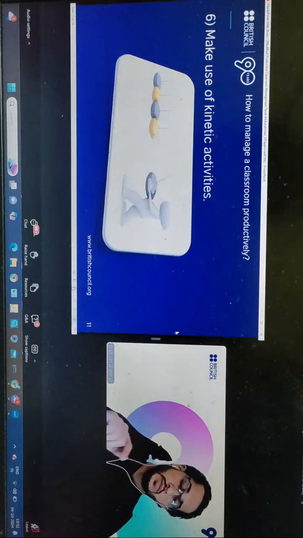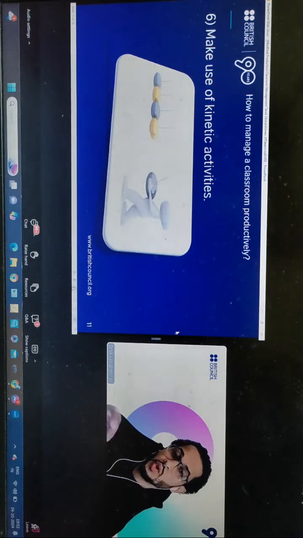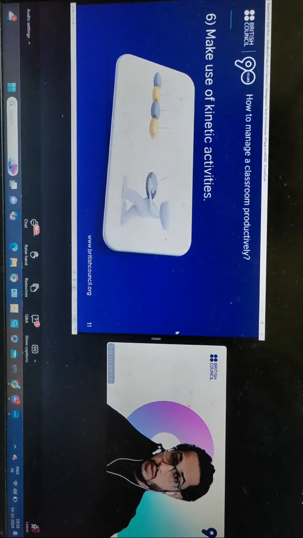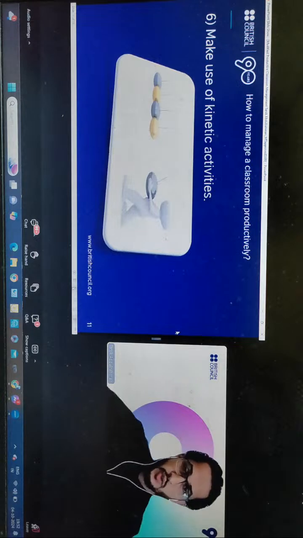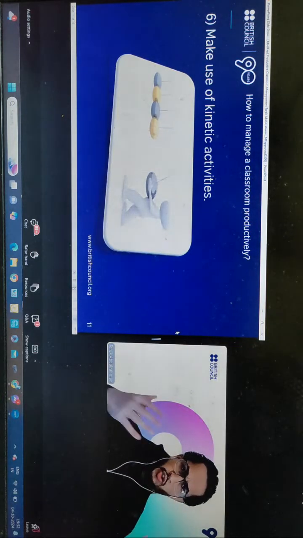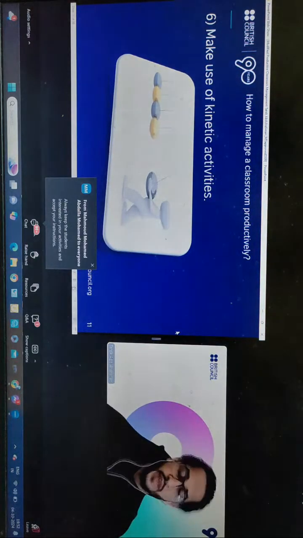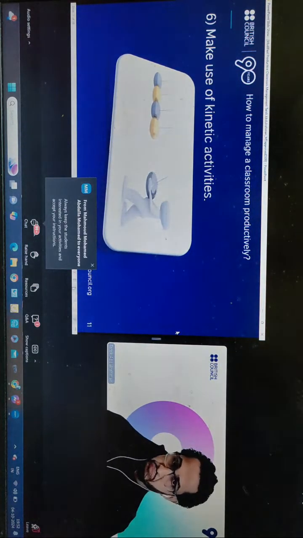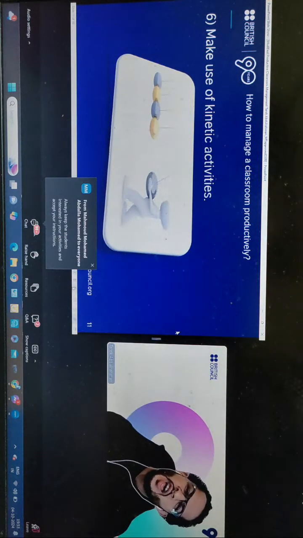But we need to make use of kinetic activities in order to provide these kids with some kind of fun in the classroom. They don't have to sit still like this and just receive information. No. They can move in an organized way and have fun, practicing English at the same time.